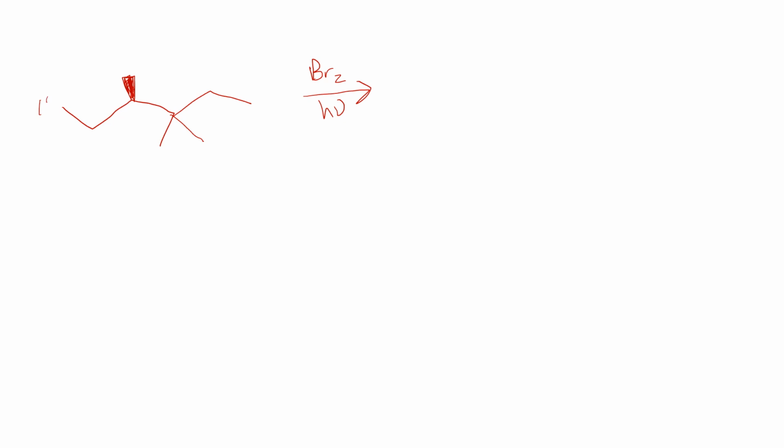So again, primary, secondary, this is tertiary. There are no carbon-hydrogen bonds here, secondary and primary. So of these, this is the more stable, so this is where bromination will occur. So again, we have a chiral center, so we're going to get a racemic mixture.